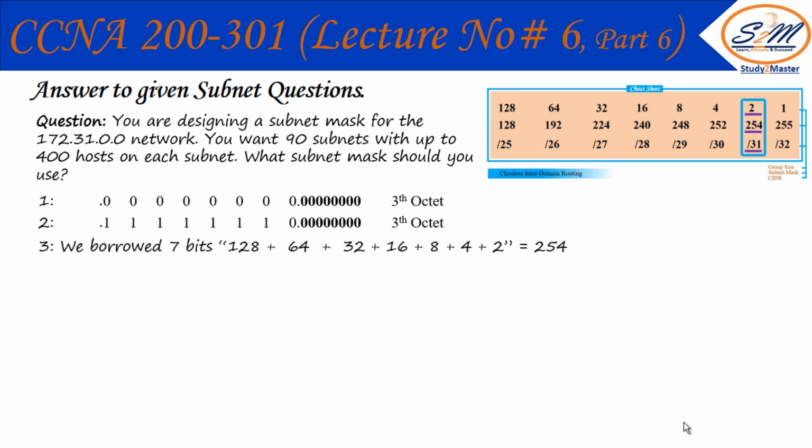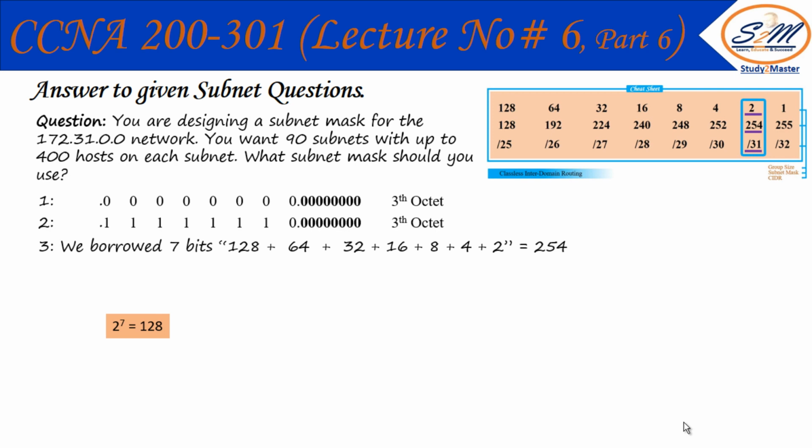The group size is 2, the subnet mask is 254, and the CIDR is /31. So we add the values of each bit of the third octet: 128 plus 64 plus 32 plus 16 plus 8 plus 4 plus 2 is equal to 254. Now let's find the answer to the given question. 2 to the power of 7 gives 128 networks. It doesn't matter how many networks you obtain from the given IP address.